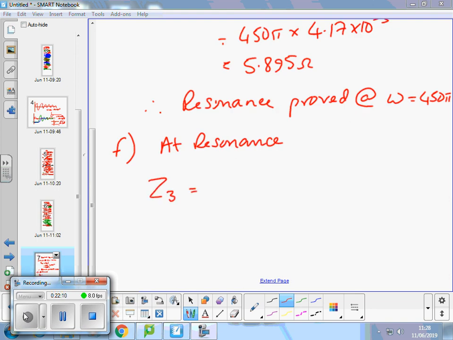Z3, so Z at the third harmonic, which is the resonant frequency, is R plus j(XL minus XC3).